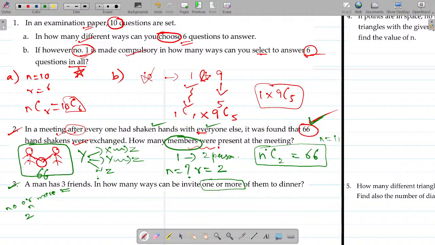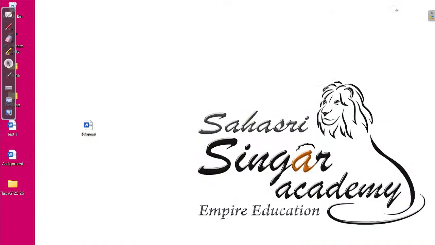See, n1 plus 1, n2 plus 1 is done only when we have groups. Here, all 3 are different friends, right? In case of 1 or more, it is 2 power n minus 1. One second.